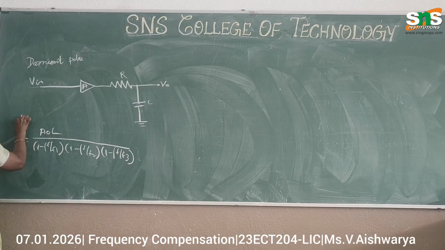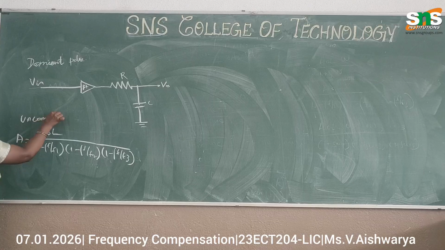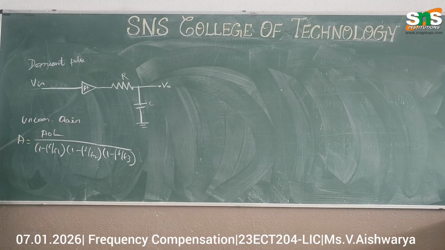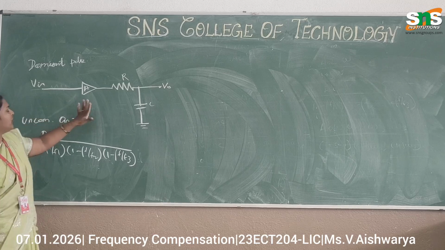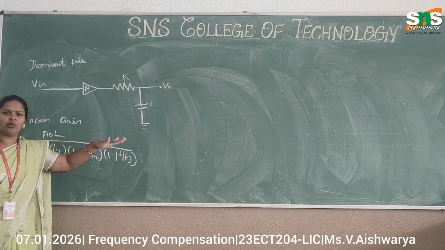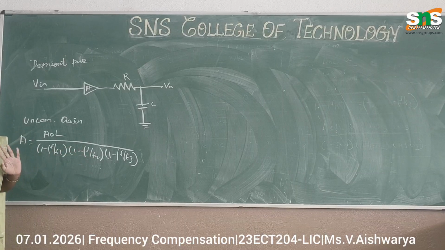So this is the uncompensated gain value. In dominant pole compensation we have to calculate the V0 value, and by using that we compensate this uncompensated value.